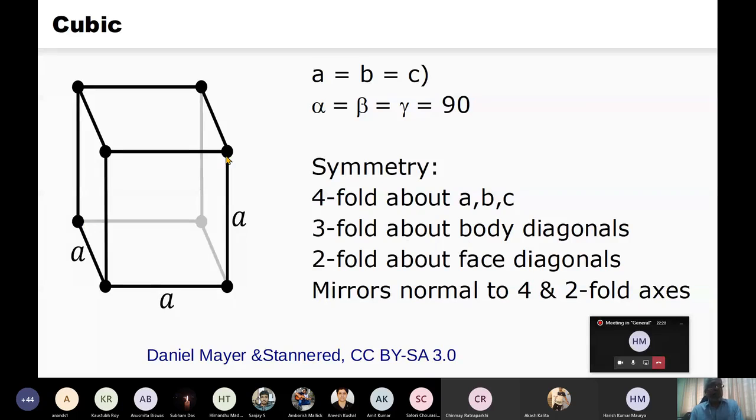So if you take that body diagonal and rotate this anti-clockwise by 120 degrees, you generate the same lattice as well. And finally, twofolds about the face diagonals as well. And because of these facts, we get the mirrors normal to fourfold and twofold axes as well.